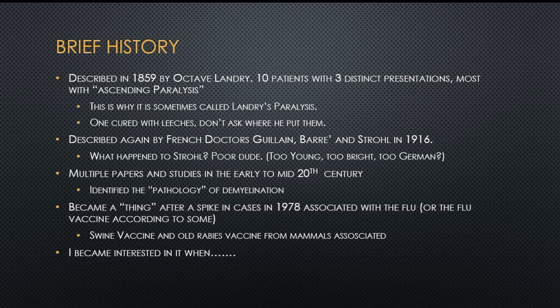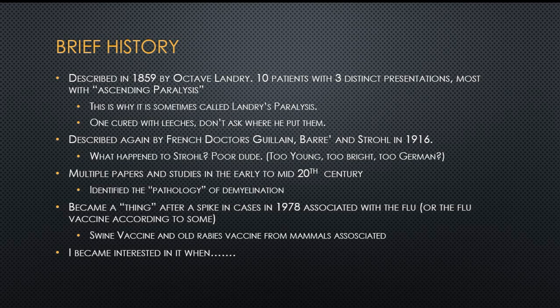Anyway, multiple papers, multiple studies on this, and eventually identified the pathology as distinct ascending paralysis due to demyelination of the spinal cord. If you recall, we'll talk about the myelin sheath, but it became dysfunctional demyelination.